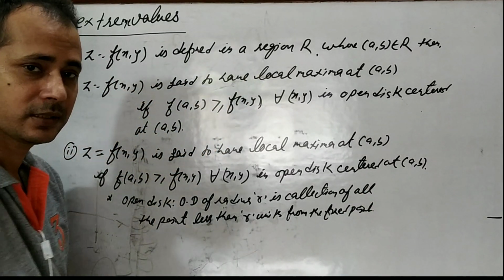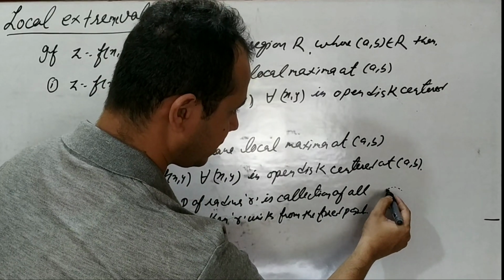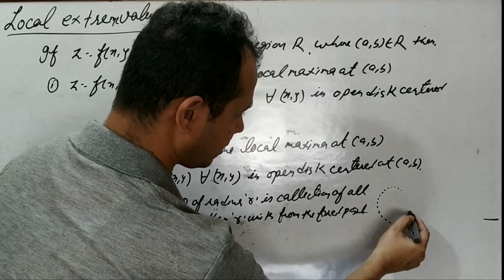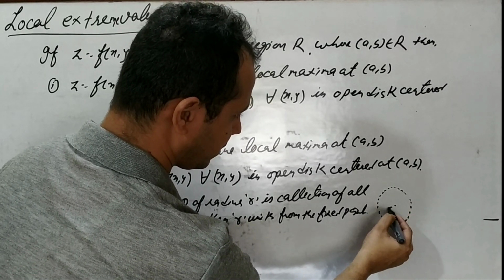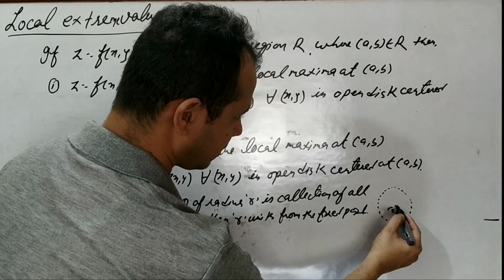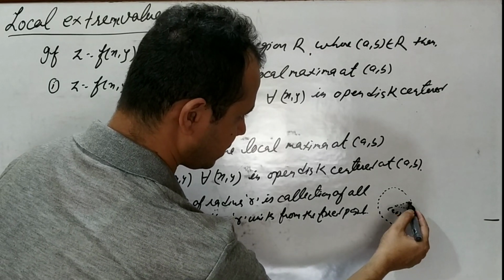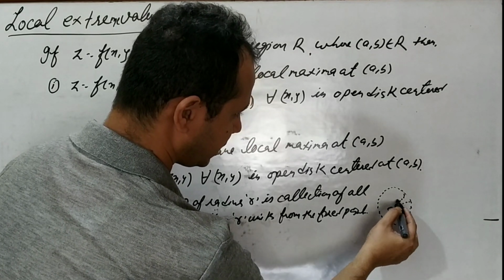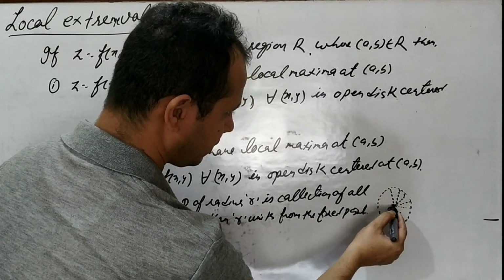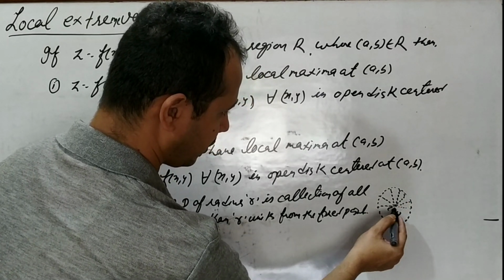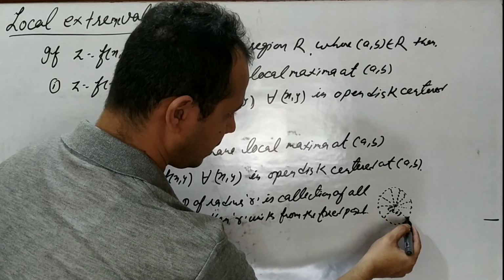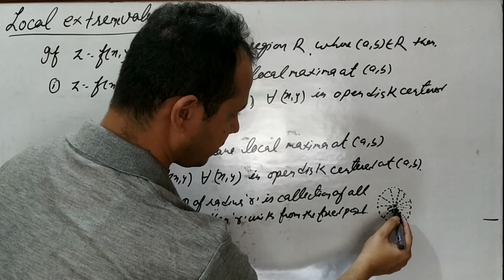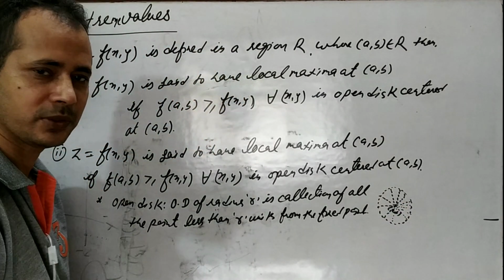Here we get all the points which are at a distance of less than R units from the fixed point.